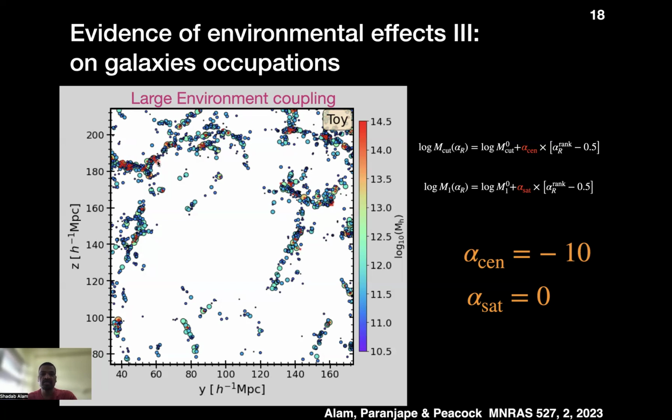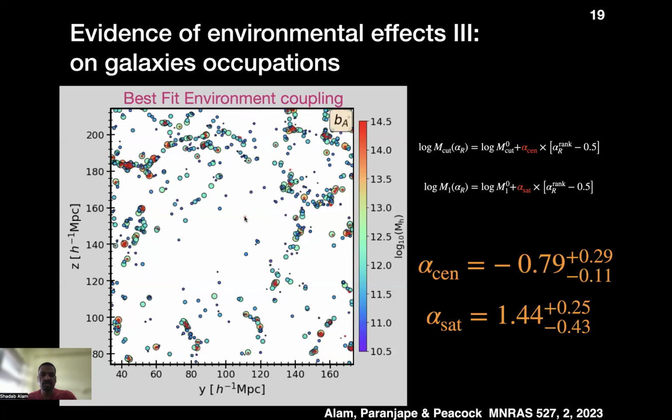And if I show you what our best fit looks like, it is much milder compared to what you saw in the original figure. And you see that again the void region is slightly emptier than the original picture, where we didn't put in any tidal environment correlation.